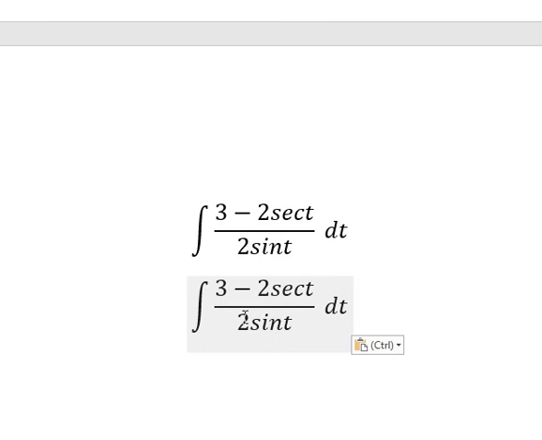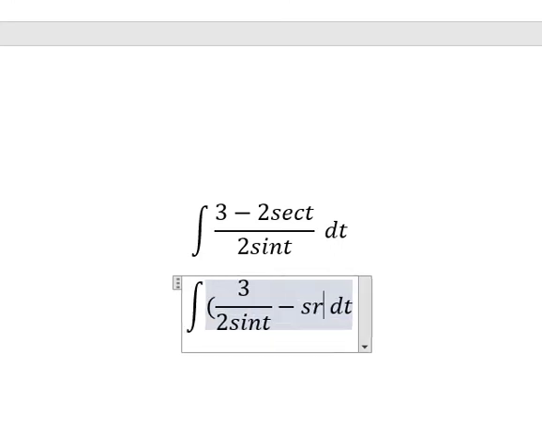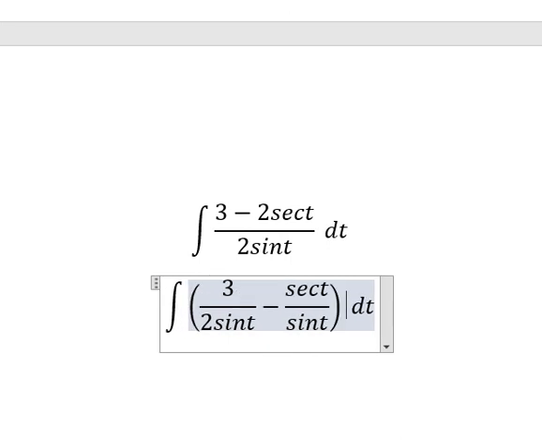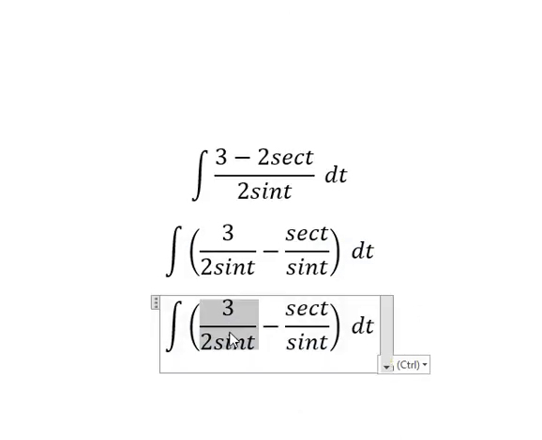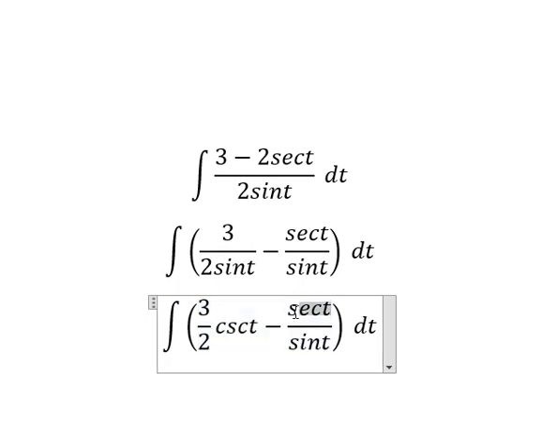So we have 3 divided by 2 sine t and 2 secant of t divided by 2 sine t. This one we change for 3 over 2 cosecant of t. Secant of t we change for 1 over cosine t. So we have this one in here.